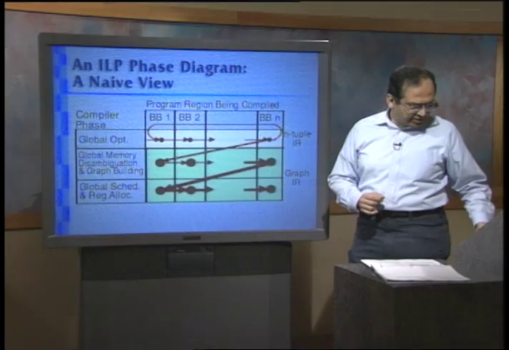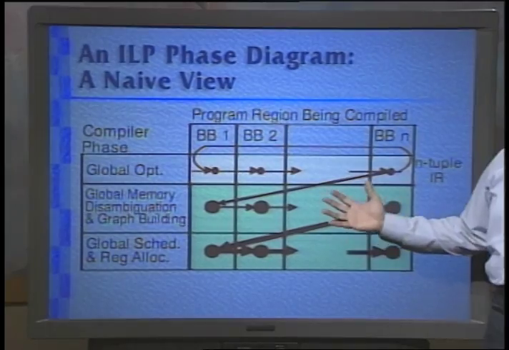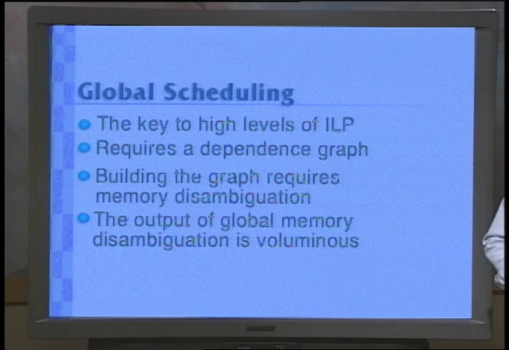In practice, this is fairly unrealistic. And we have to cope with this fourth fact about global scheduling, which is that the output of global memory disambiguation is just too large to store for the entire program unit. What this says is we have to have a way of consuming this information as it's being produced.